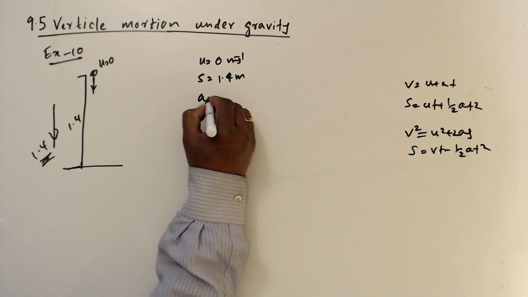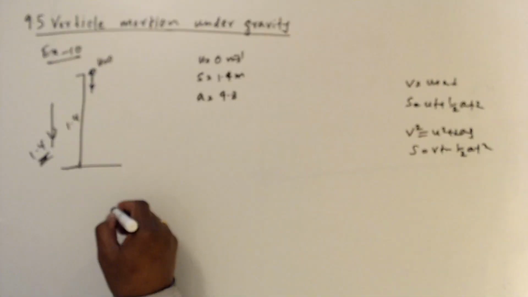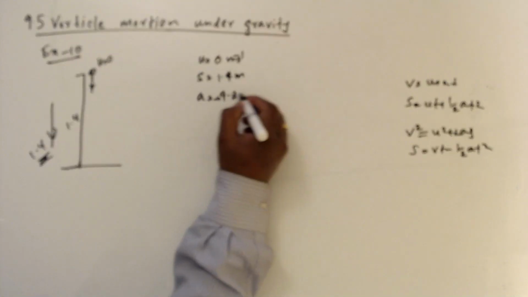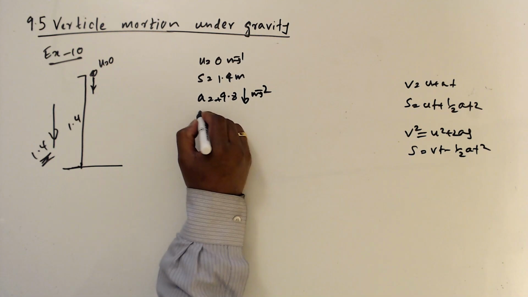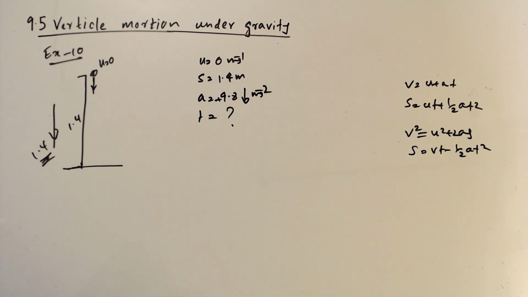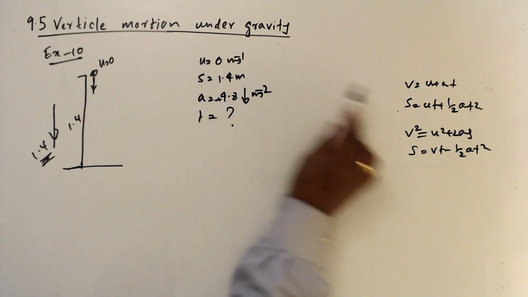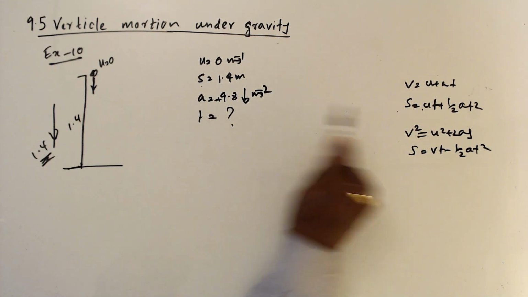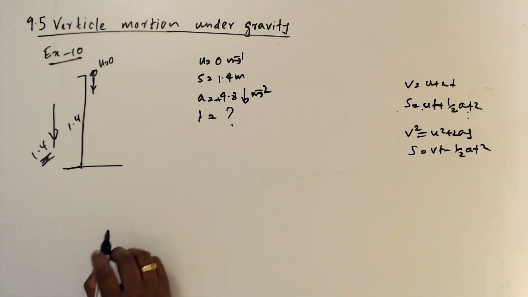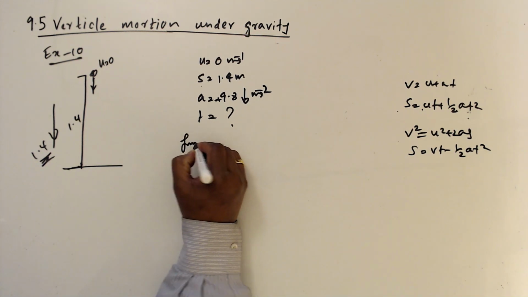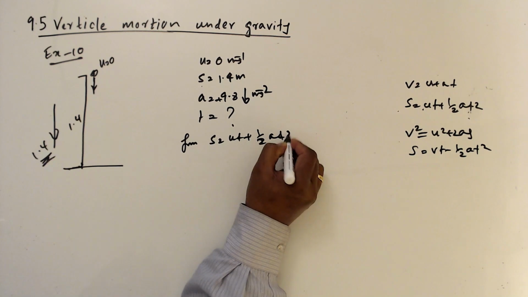Acceleration is 9.8. We know the acceleration is downward, so that is positive, 9.8 m s^-2, and we need the time. We know s, we know u, we know a, T we need, so we can find t from s = ut + half at squared.